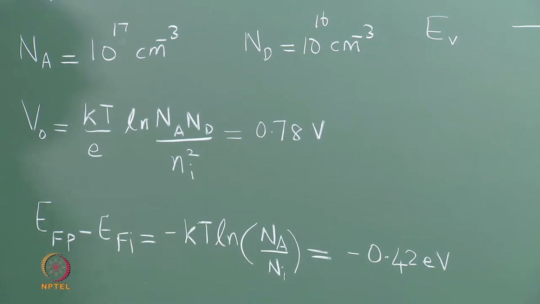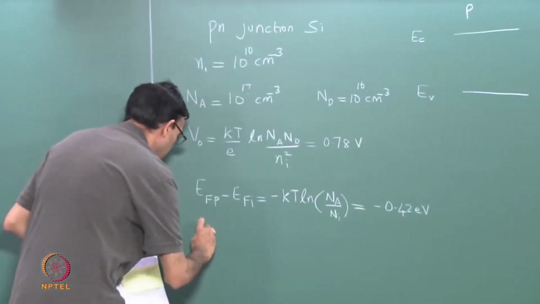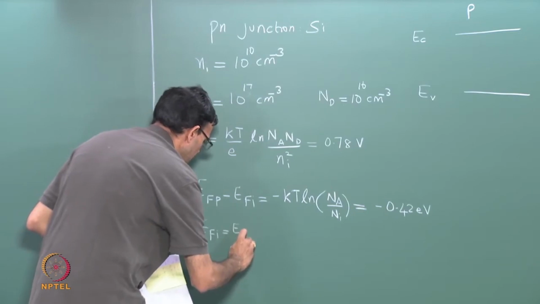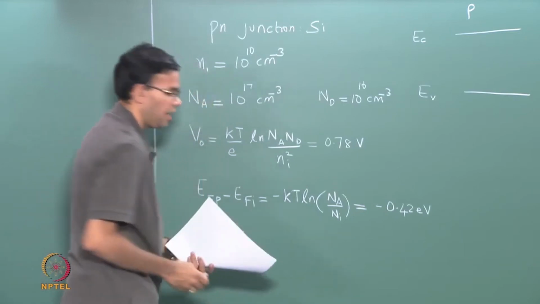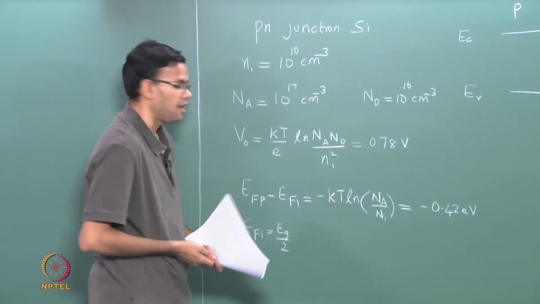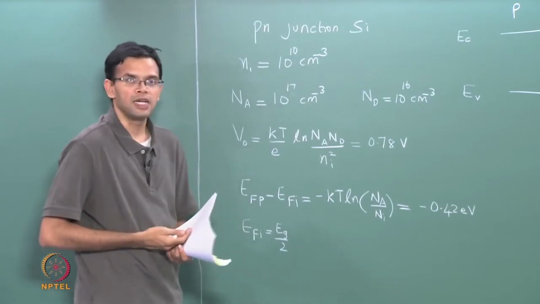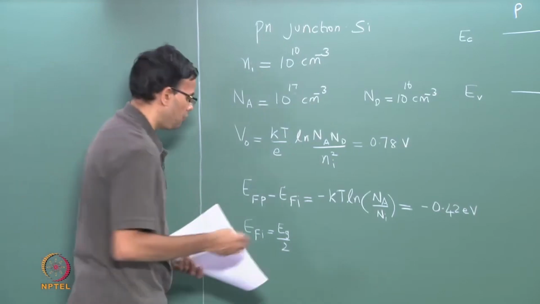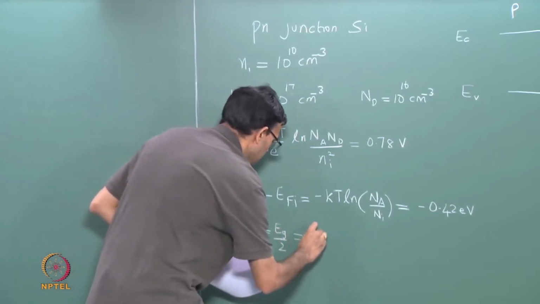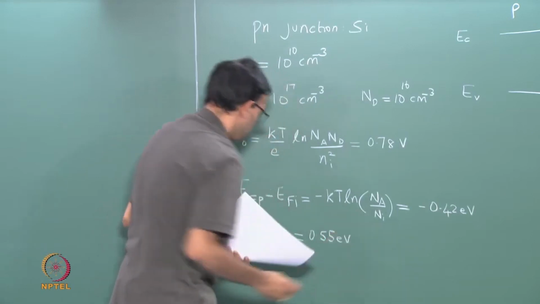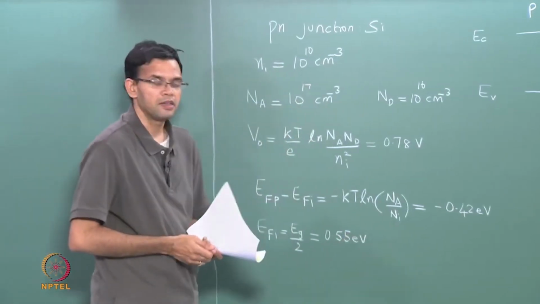So, just for simplicity, I will take the intrinsic Fermi level to be exactly at the center of the band gap. In the case of silicon, this is not entirely true, it will be slightly shifted because the effective masses are not the same, but for all practical purposes it is very close to the center of the band gap. So, EFI is 0.55.